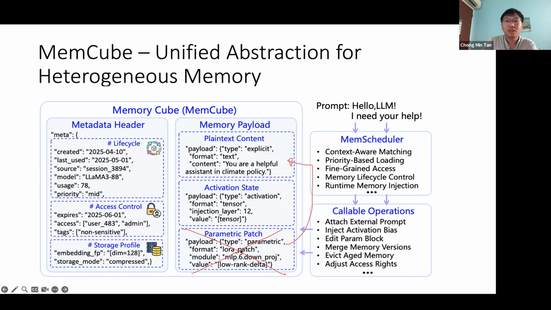Unless, of course, we use a closed-source LLM, then you can't convert between these three. But if you are using an open-source LLM, you have all three states stored in memory. You can say this knowledge is outdated, let's not put it in parametric, let's put it in plain text, and this goes into your database. In fact, you might even say this memory is useless and just delete the whole MemCube. So it's quite flexible.